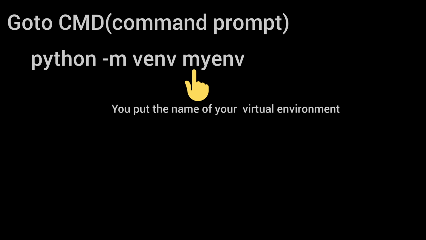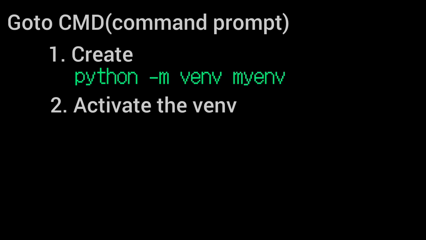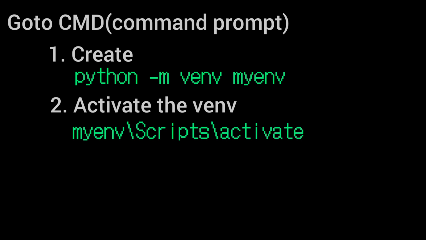Then after you create it, you activate the virtual environment. So how do you activate it in Windows? You start by calling the name of the virtual environment, then \Scripts\activate. This is how you're going to activate it for those that are using Windows.